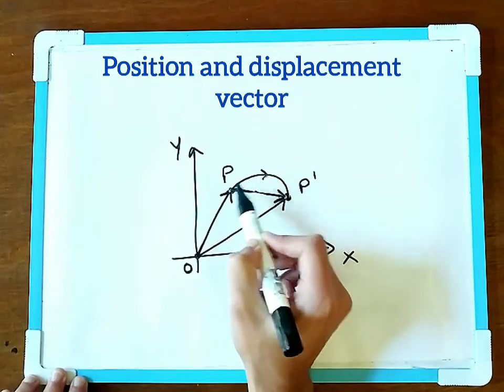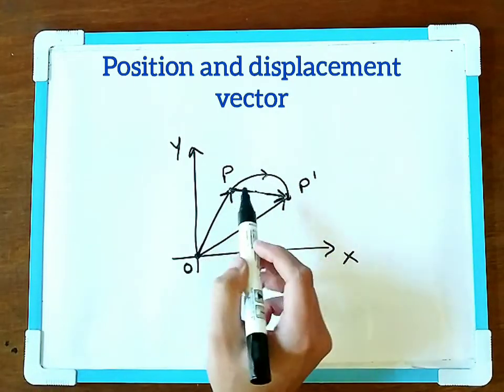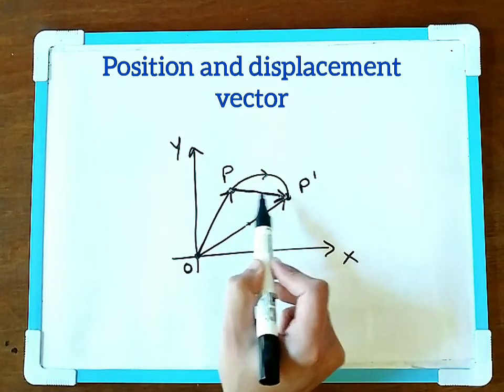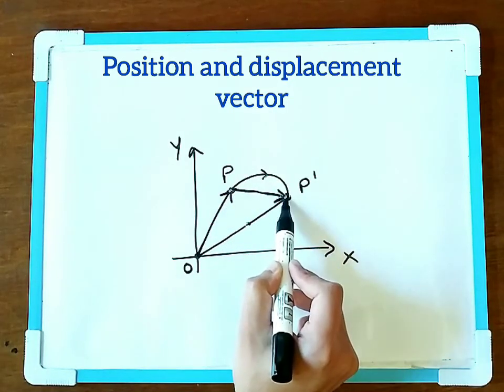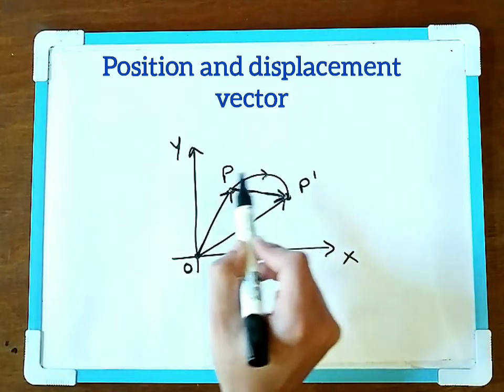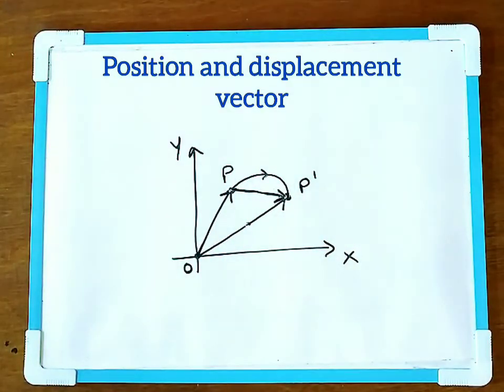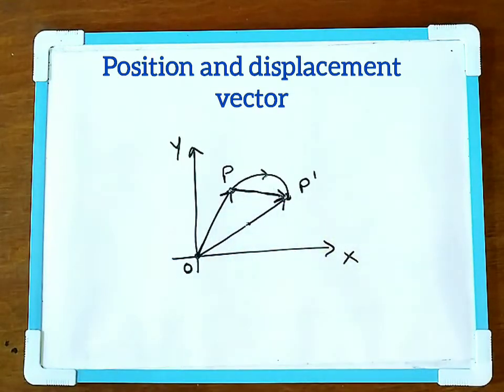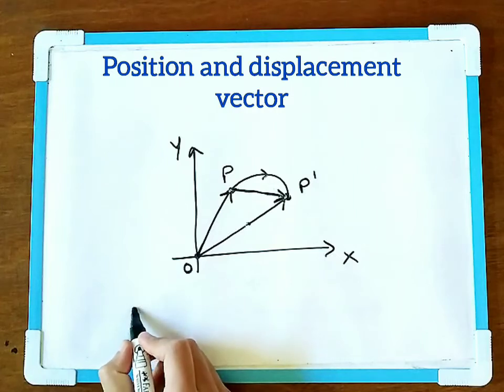So this displacement vector is a vector drawn from one point to another point of the xy plane. So here in this case you have PP dash to be the displacement vector.